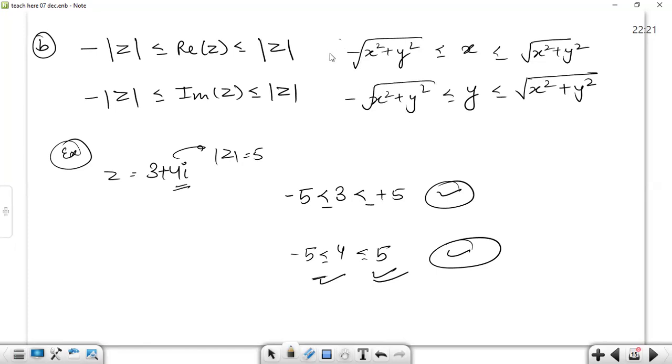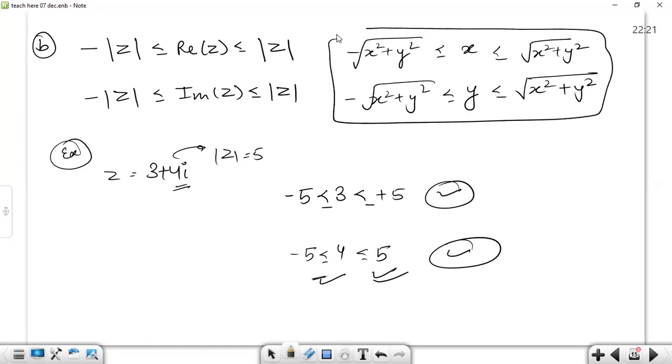And this is true everywhere where x and y are real numbers. It's true forever. Because we know x square and y square are two positive quantities, and x is getting squared and added to another number which is a positive quantity. Even if the square root is taken, it's still greater than x, right?